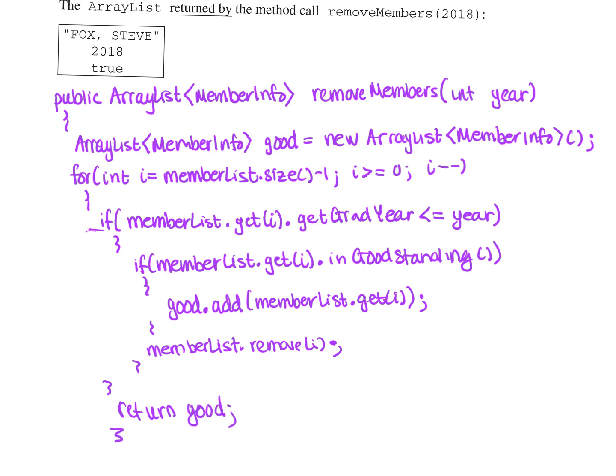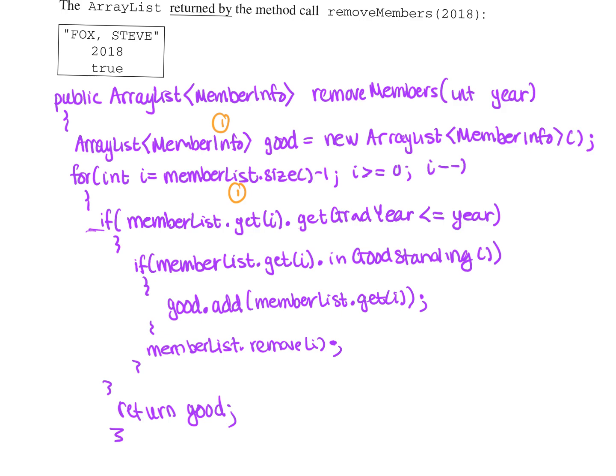So the second part of this was scored out of 5 points. The first point comes from, did you declare a new array list of member info objects? Second, did you access all values of the member list array?